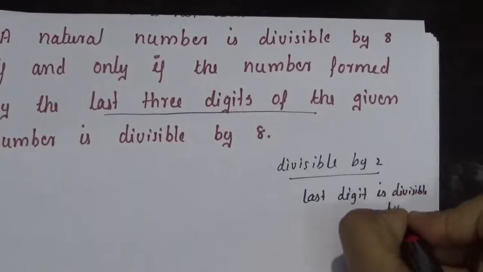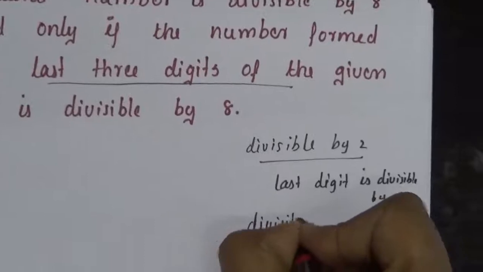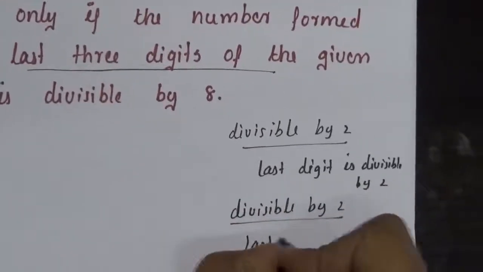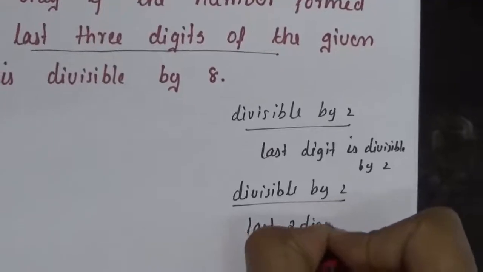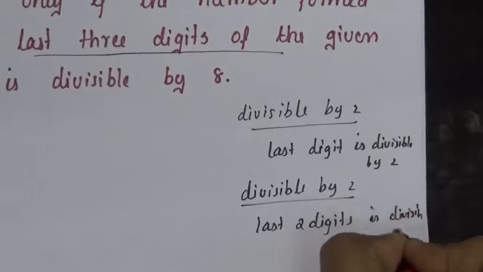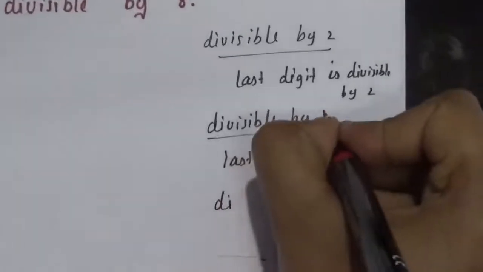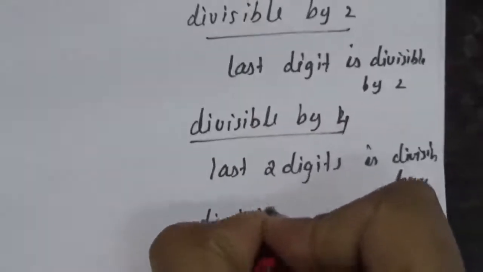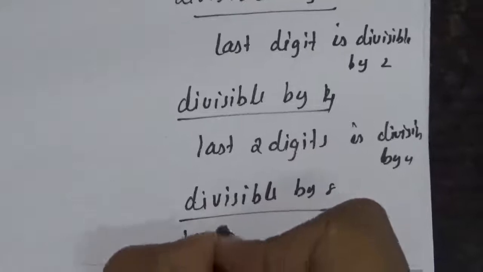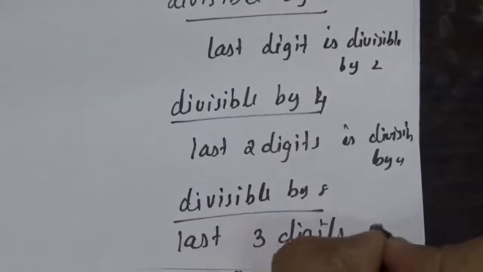And in the case of divisibility by 4, we take the last 2 digits and check that they are divisible by 4. And in the case of divisibility by 8, you need to take the last 3 digits and check that they are divisible by 8.